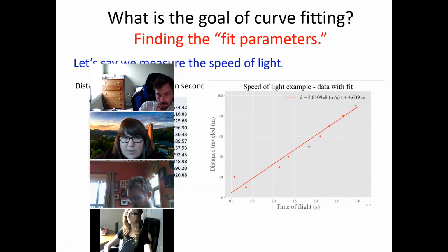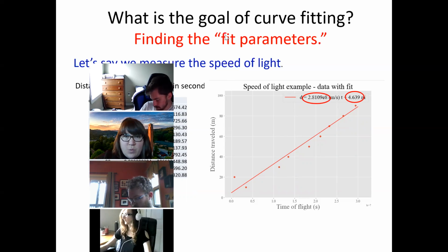Okay, I'm going to go into some more detail here. I just wanted to give you a quick intro, and make sure you understand this phrase, fit parameters. The slope and the y-intercept are what was actually calculated here. Those are our final bits of information that we are getting out of this curve fit.